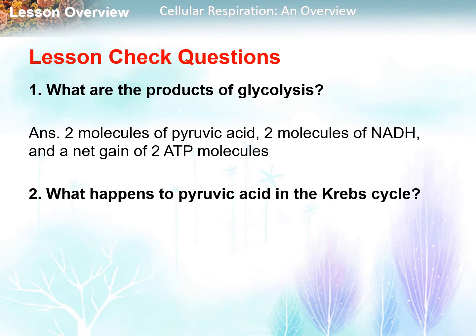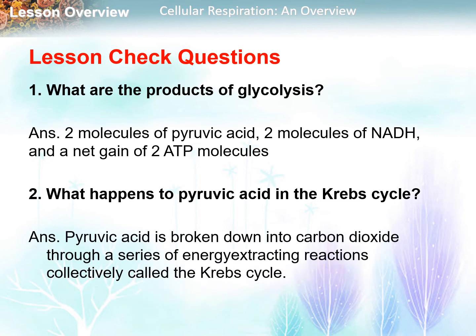Number two question: what happens to pyruvic acid in the Krebs cycle? The answer is pyruvic acid is broken down into carbon dioxide through a series of energy extracting reactions, collectively called the Krebs cycle.